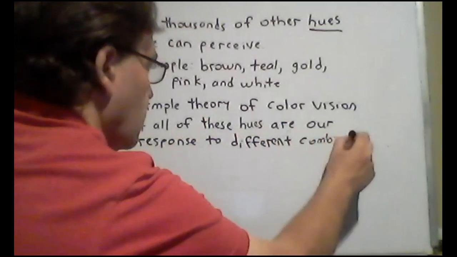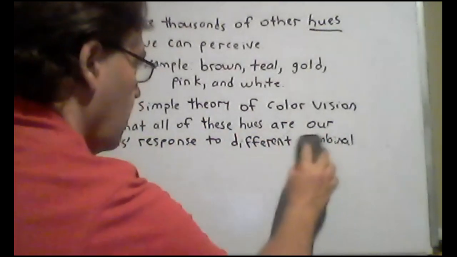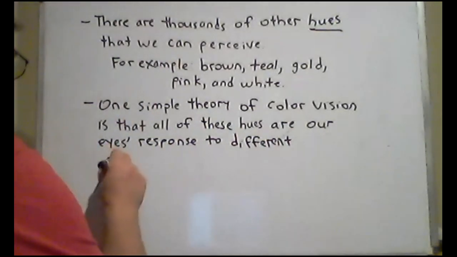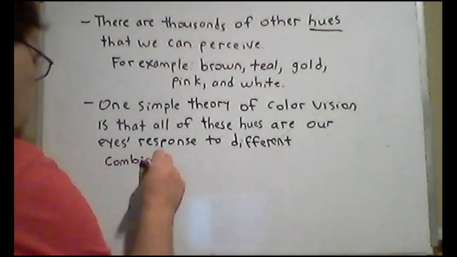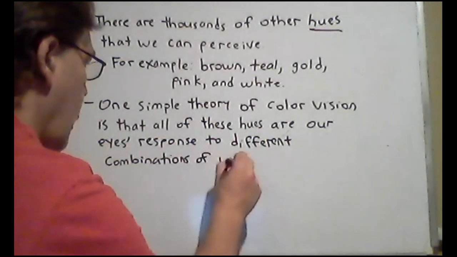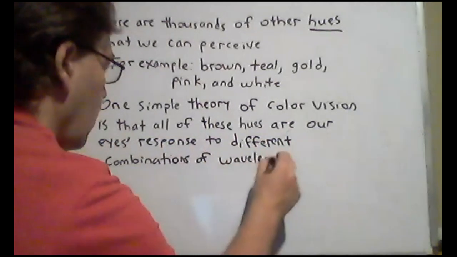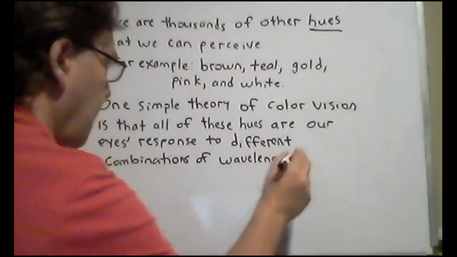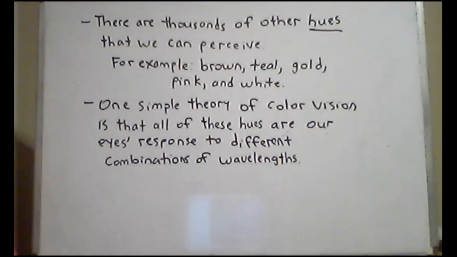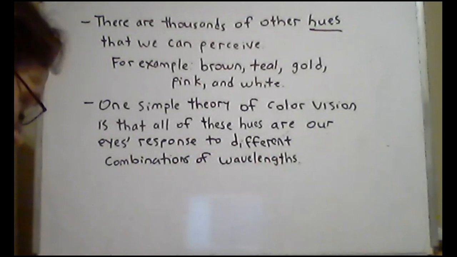Okay. So that's essentially a simple theory of color vision: that all of these hues arise because our eyes respond to different combinations of wavelengths.